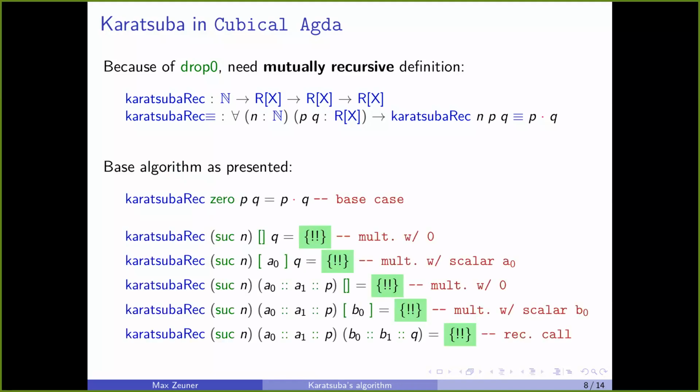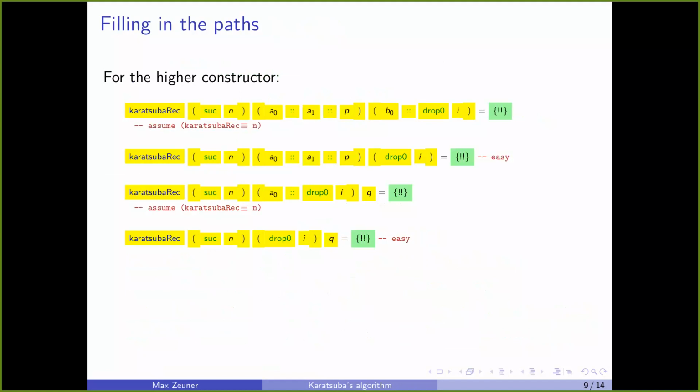And first, the non-higher cases are just as you expected. When you reach zero, it's just multiplication. Then those four cases are dealing with multiplying with zero or a constant. And in both of them have at least two elements, and then you do the recursive algorithm. But then you have the higher part.